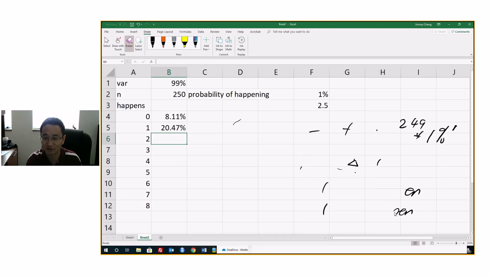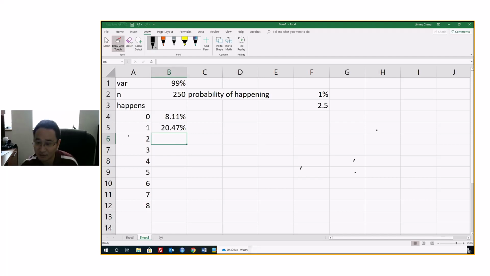Now I'm going to do another illustration really quickly. What if it happens 2 times? Again, you have days 1 to 250.